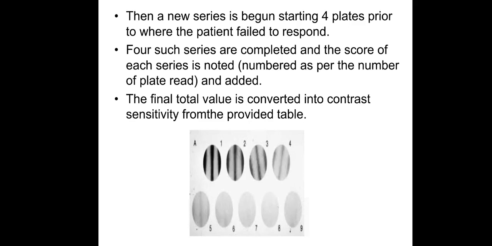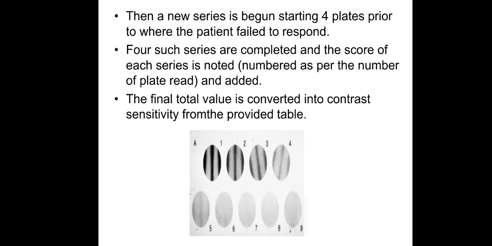So you can see in the image the upper circles have almost black and white strips, wide black and white strips. The lower one has narrow white strips. If the patient can identify the lower circles, that there are black and white strips there but narrow, then the patient's contrast vision is good.